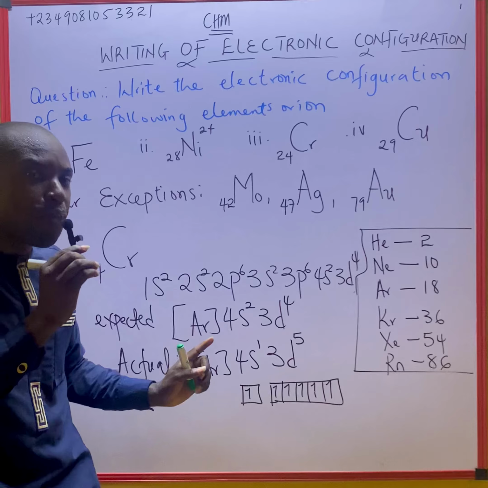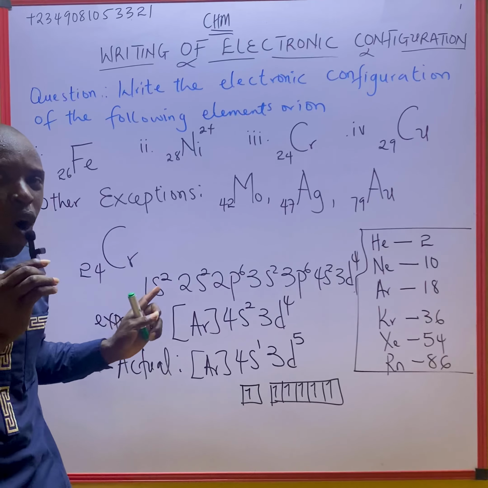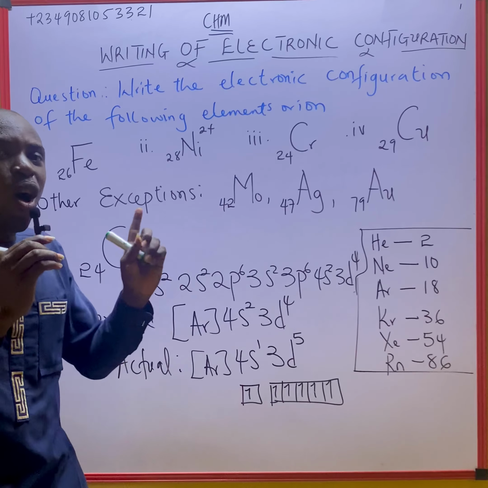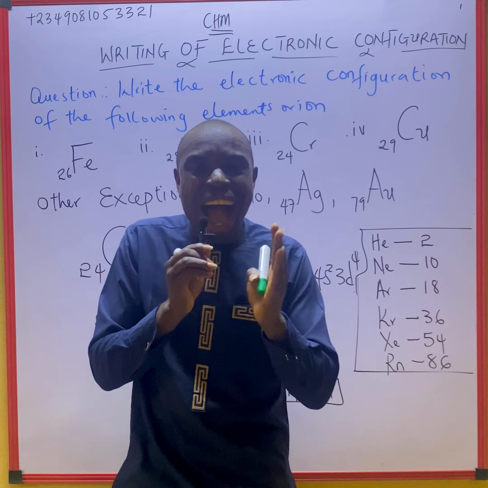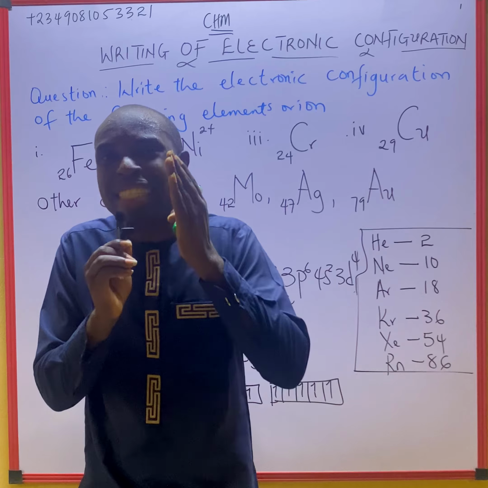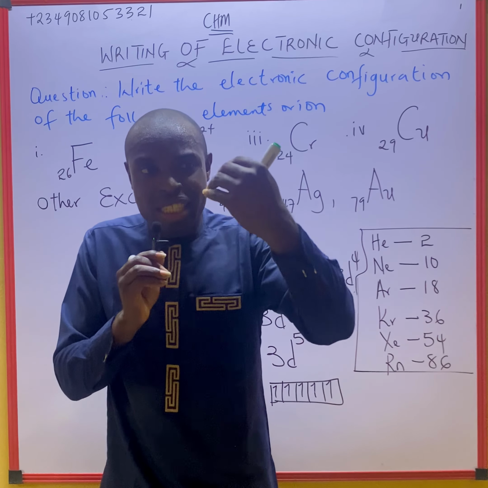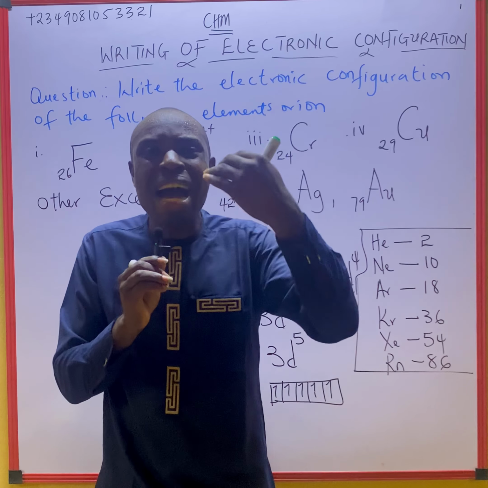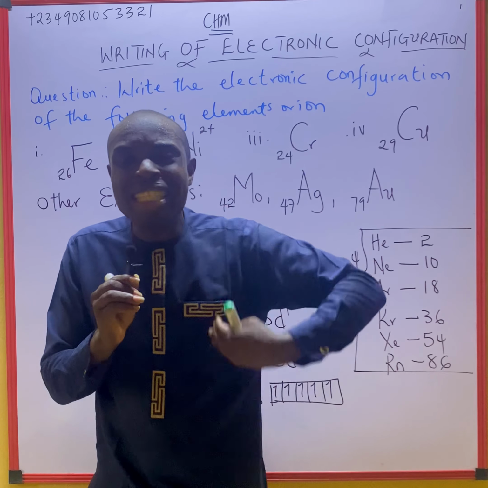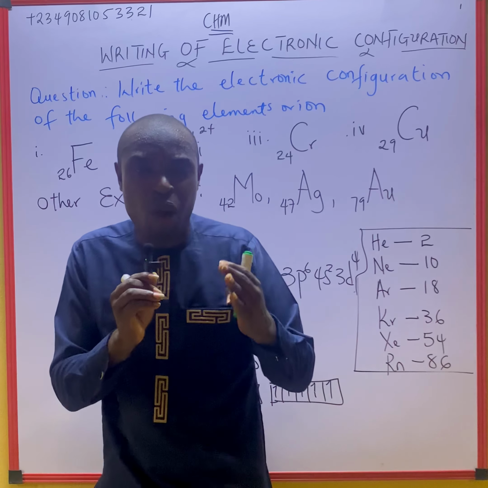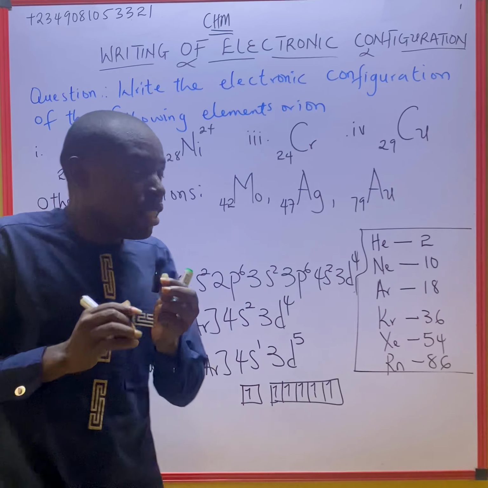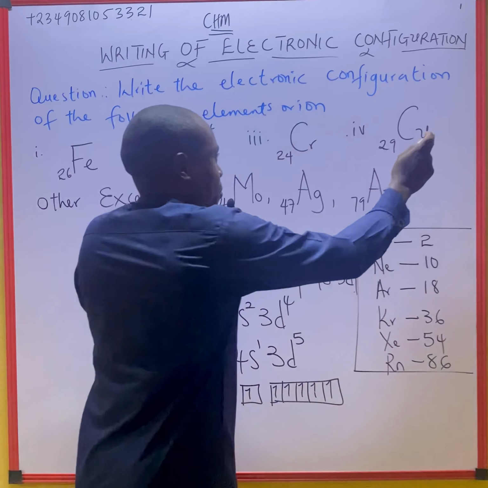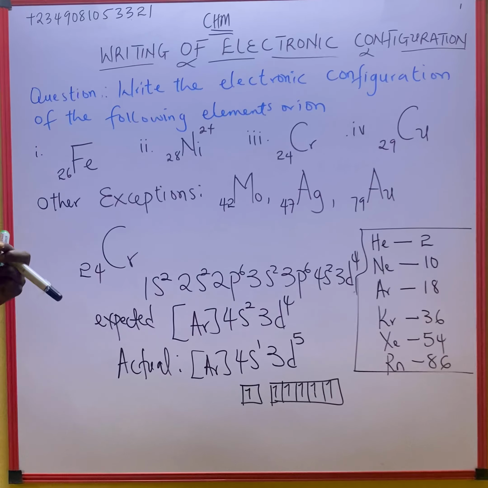We have 6 unpaired electrons for the chromium atom, and as such the element is regarded as paramagnetic, a situation whereby there are maximum unpaired electrons. We have what they call paramagnet and diamagnet. Now we'll move to the last one here, which is copper.